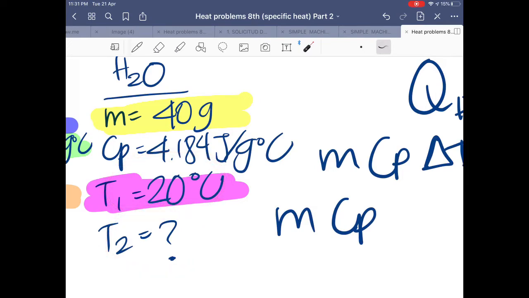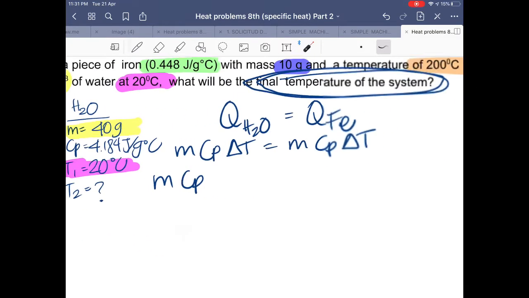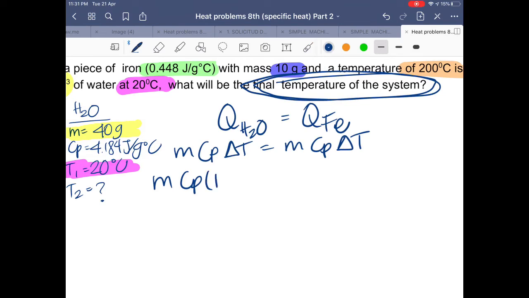Well, think about it. If you insert something that has a higher temperature into the water, it means that water will increase its temperature. So this one will be bigger. So it will be temperature 2 minus temperature 1.